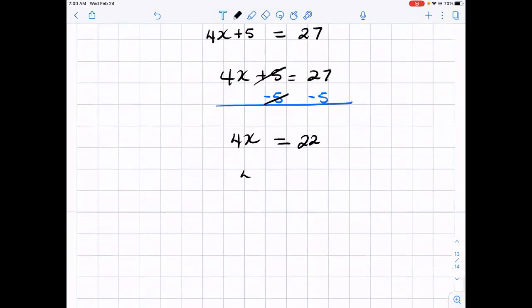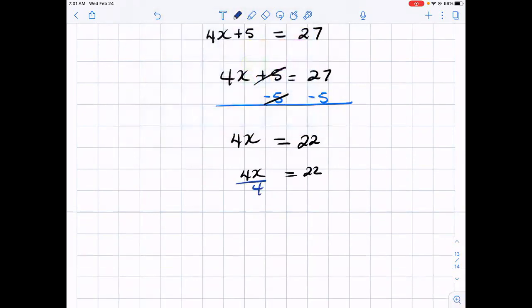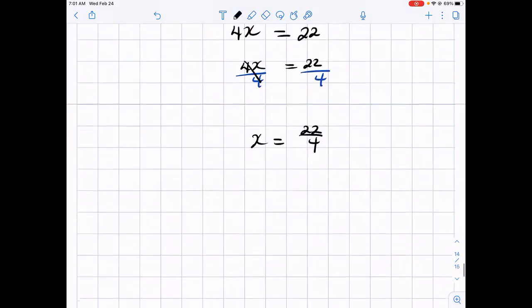To get x by itself, we will divide both sides by 4. And when we do this, 4 divided by 4 is 1x, so x is equal to 22 over 4. And here, this can be simplified. So x is equal to 11 over 2.